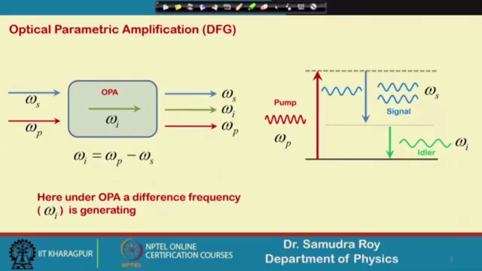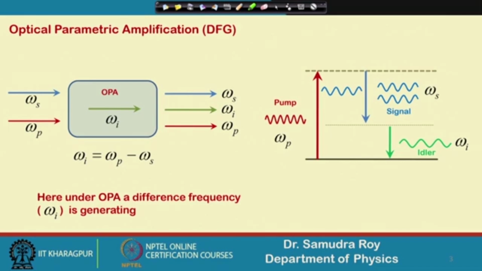Well, let us start with our old concept, optical parametric amplification for difference frequency generation. We launch two frequencies, omega p and omega s, and we find that omega s, omega i and omega p are present. Omega s will amplify, the signal will amplify, omega i will be generated, and omega p, the pump, which we consider a strong pump, will remain constant.